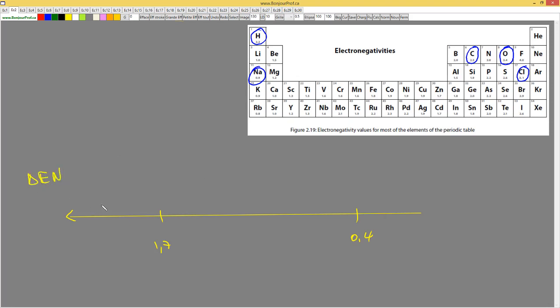If the delta electronegativity is bigger than 1.7, it is ionic. If I am here, it is covalent polar. If I am here, it is covalent non-polar.